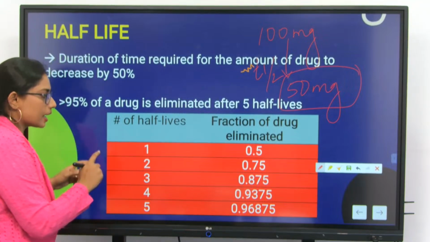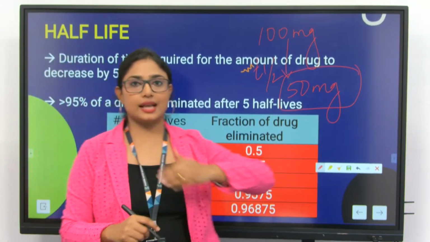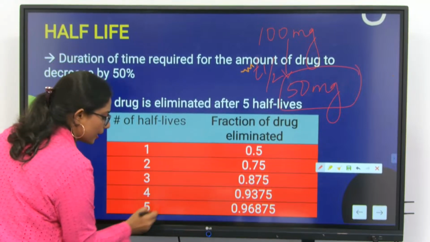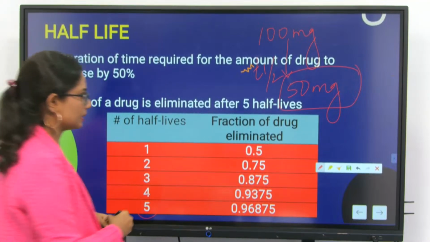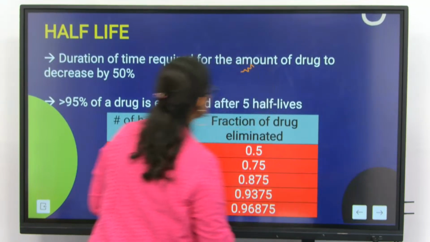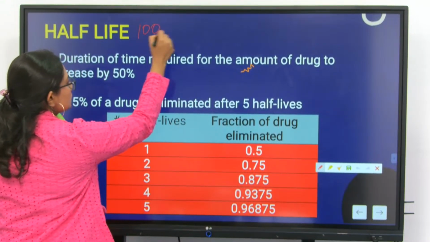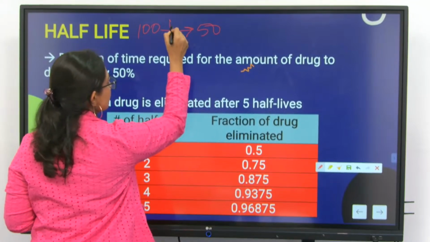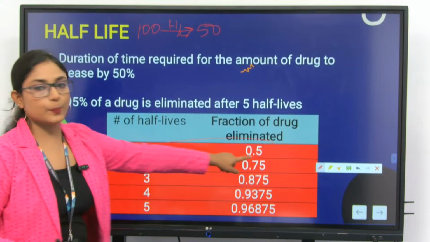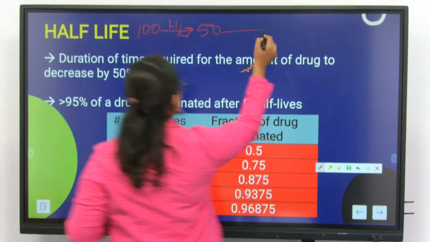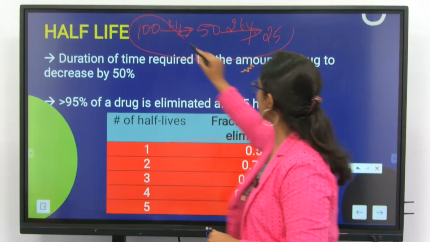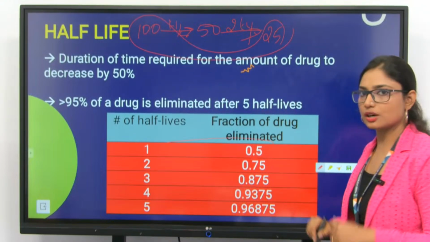Now, for a drug to completely get excreted from the body, it takes almost 5 T half. That means in the first T half, the drug reduced to 50%. That means 0.5 got excreted out. In the second T half, 25. That means 75% got excreted.